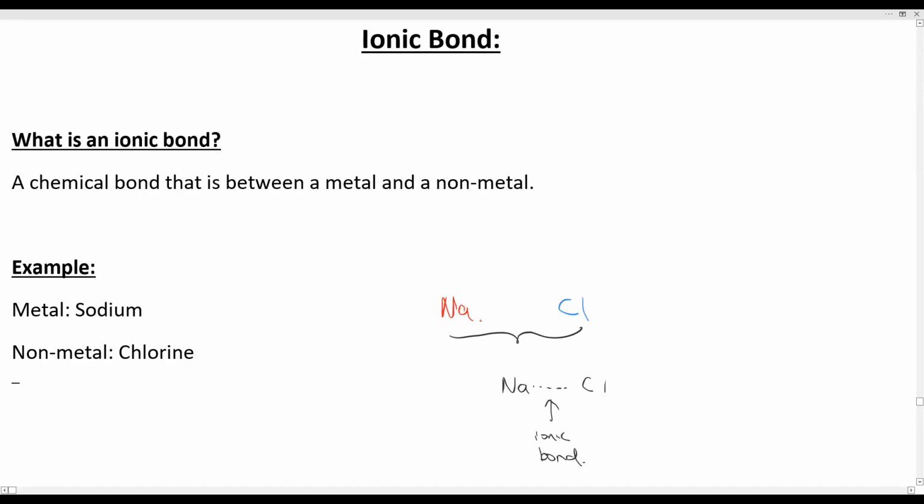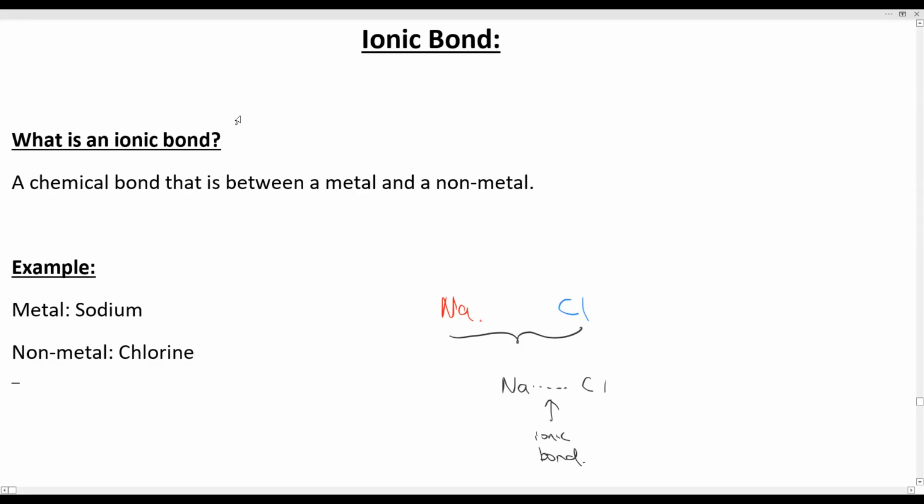It's not the way you draw it at all. But you're saying that you'll get some sort of bond between the sodium, starting off as an atom, and a chlorine, starting off as an atom, and that is going to be an ionic bond.